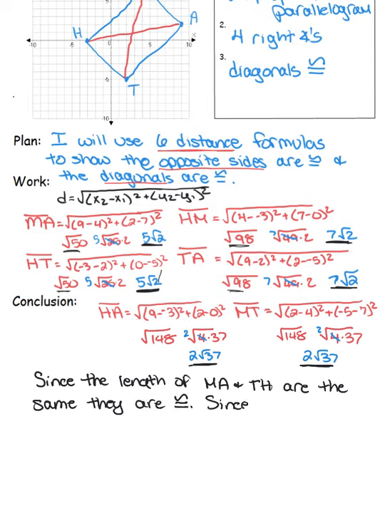Since the length of HM and TA are the same, they are congruent.